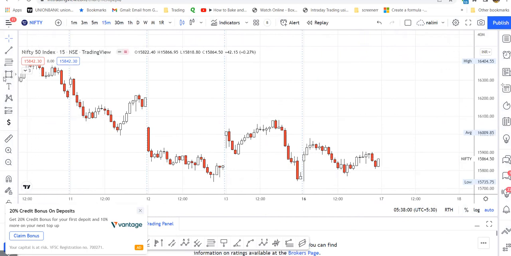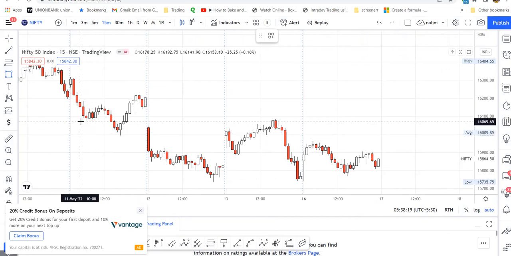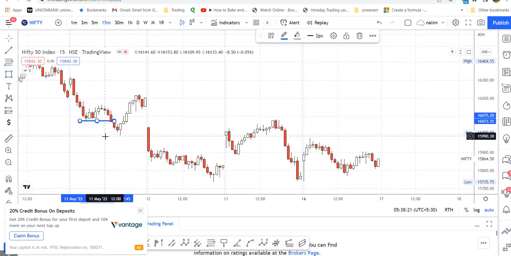Here you can see this is the fall, 1, 2, 3, 4 fall, liquidity injected into the market, and there is no manipulation here. No, we are not seeing any manipulation.